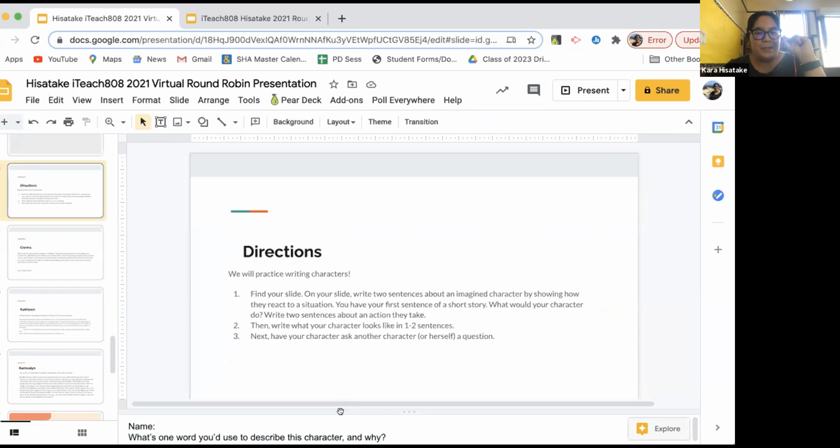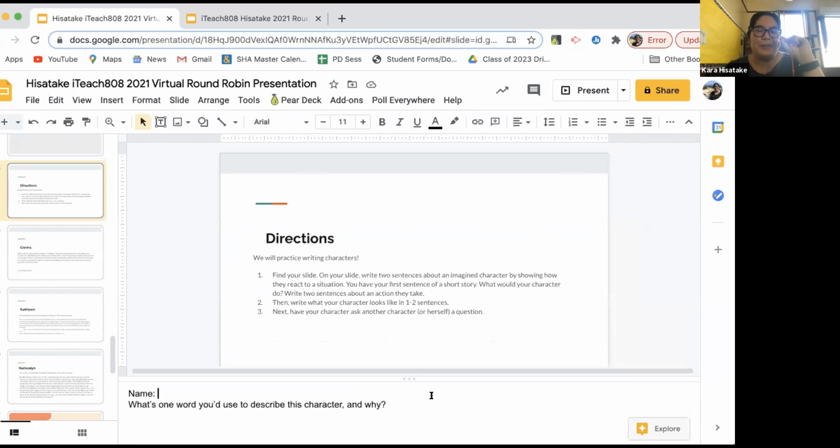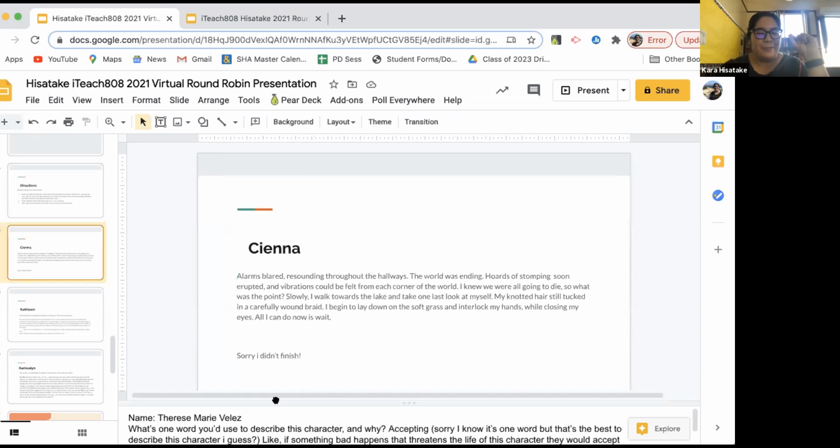I asked them to then, in the slide notes, go to a partner slide, the slide below them, and comment what's one word you'd use to describe this character and why. So what kind of character is coming up here? So you can see that that's what they did.